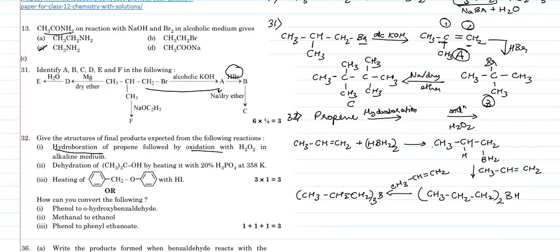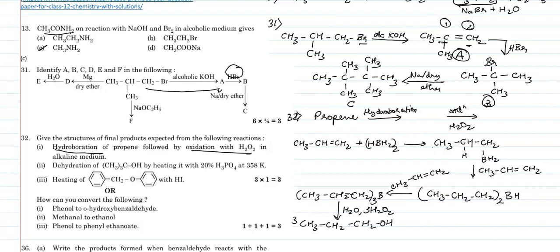Now, this is followed by oxidation using hydrogen peroxide. That is the last step where it leads to the formation of an alcohol. So H2O2, 3H2O2 gives us an alcohol that is CH3, CH2, CH2OH. That's it.